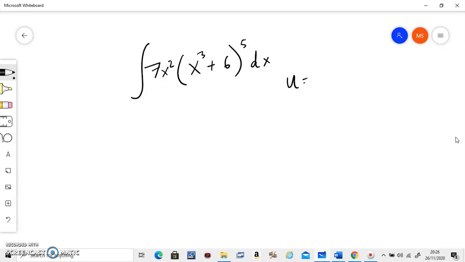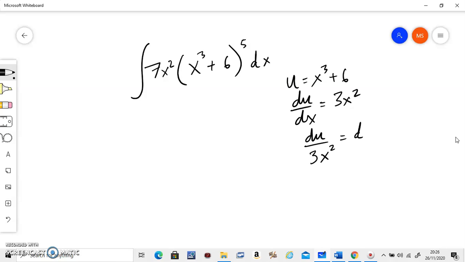Start with u equals x cubed plus 6, and follow the same steps. Du over dx equals 3x squared. So du divided by 3x squared becomes your dx. These steps remain the same.